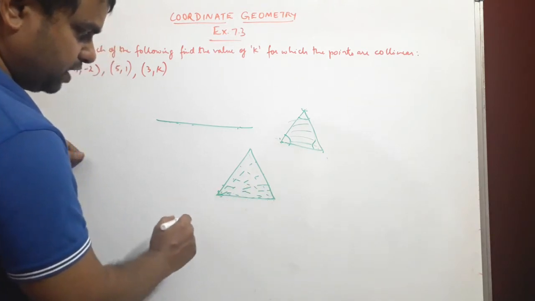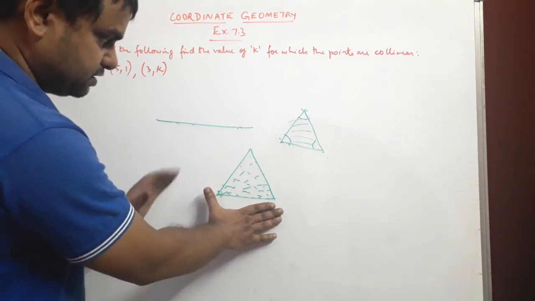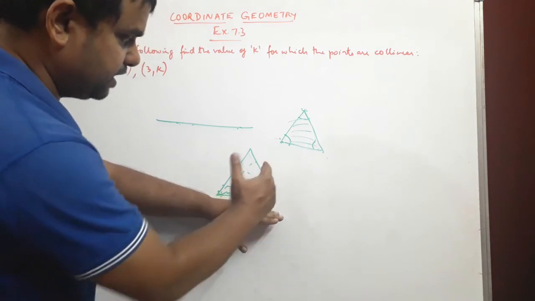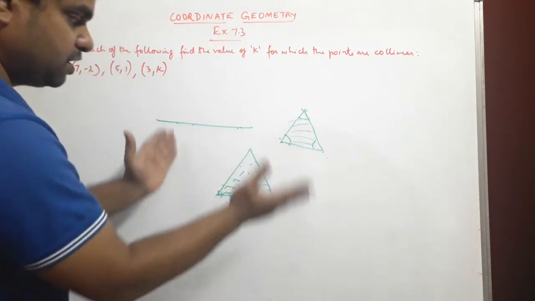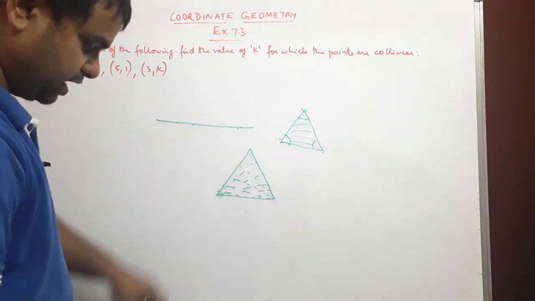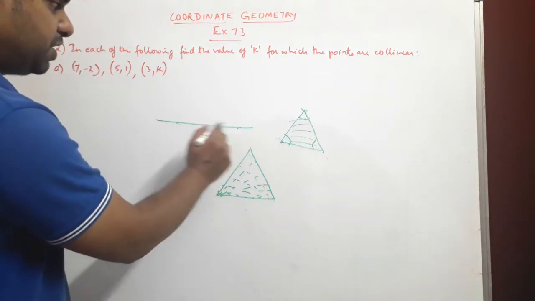So ultimately this particular line is the way it is, but this line comes and merges with this line, and this line comes and merges with this line. So both of them curve inside and merge with this particular line. Finally you have just one line. So then what happens to these vertices? All of them are found on one particular line.